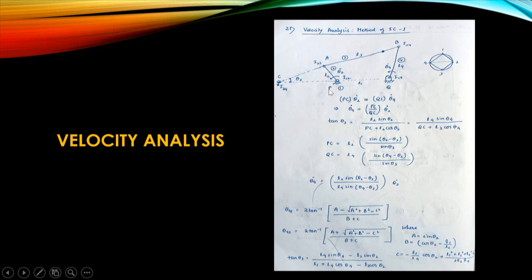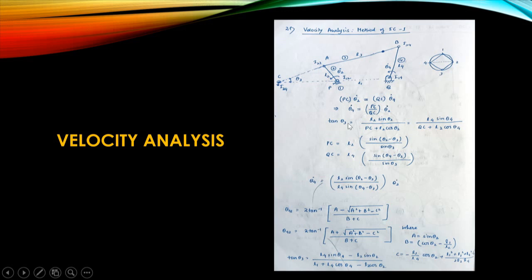So here we have seen that PC theta 2 dot equals QC theta 4 dot. Theta 2 dot is the input angular velocity, and we have to find theta 4 dot. So we need to find the relation between QC and PC. Here we have used theta 3 to find this ratio PC by QC.